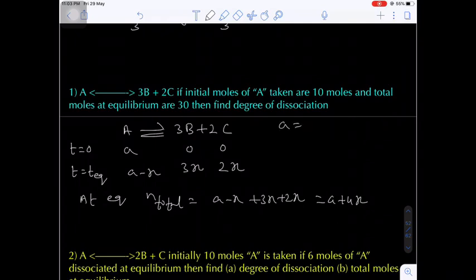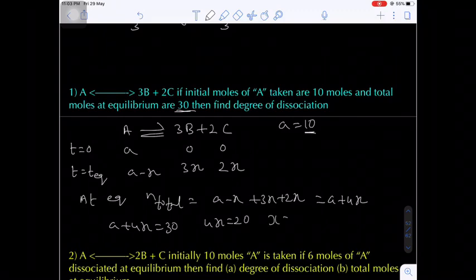Now what is the initial number of moles given to you? A value is 10 moles, and the total number of moles at equilibrium given is 30. So A plus 4x is equal to 30. What is the A value here? 10 moles. So 4x is equal to how much? 20. X is equal to how much? 5. Finally the x value is 5. Now the question is, find the DOD.